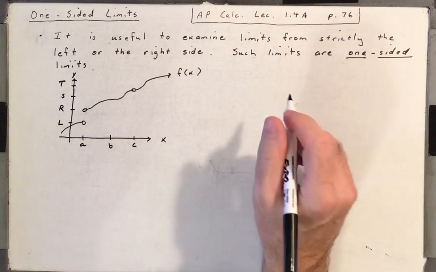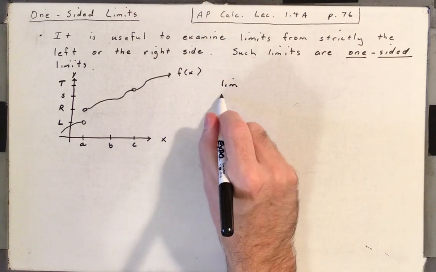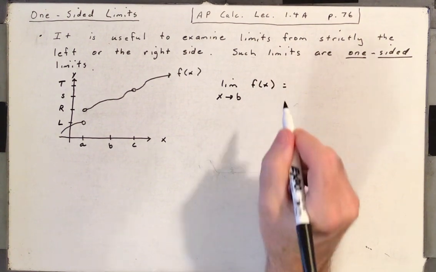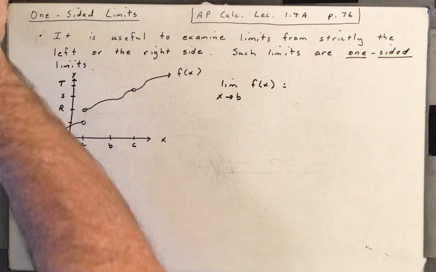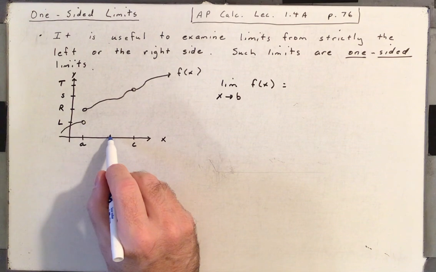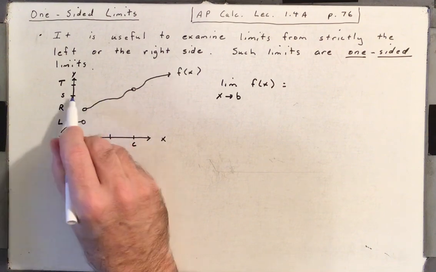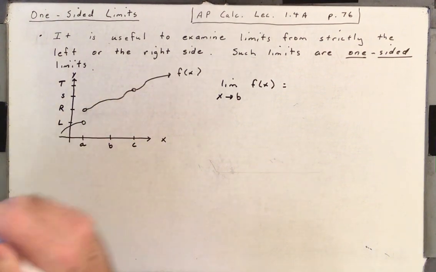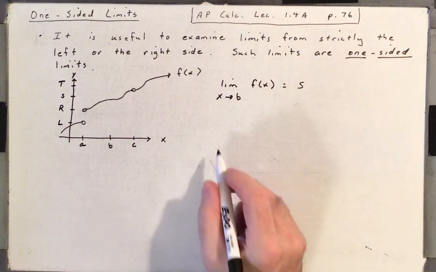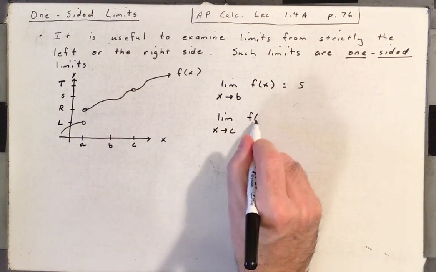Okay, so let's take a few limits here. The limit as x approaches b of f of x, what is that? You look at the graph and you tell me first. We're just saying, what is the y value as x approaches b? Looking at the graph, I didn't do a great job of drawing it, but it would be S. Now, how about the limit as x approaches c of f of x?